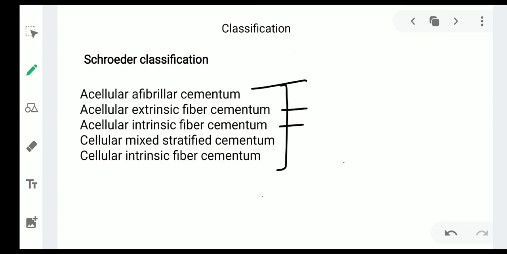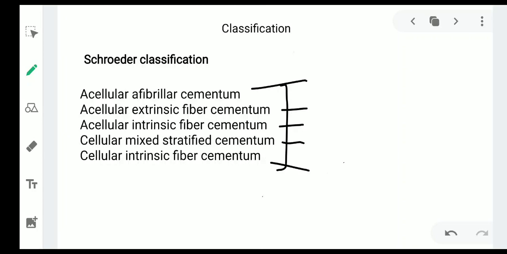In third there will be no cells but intrinsic fibers. Then here cells will be present and mixed fibers will be present, and in the last category cells will be present and intrinsic fibers will be present.